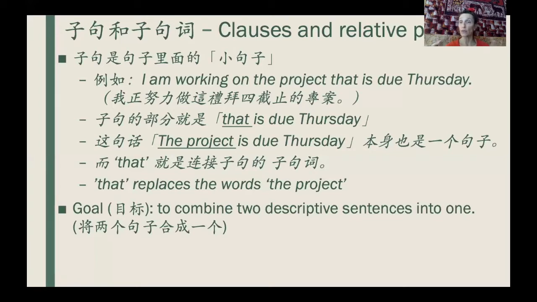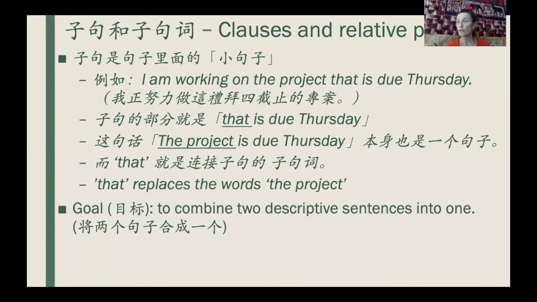So that's the word that puts the two ideas together. That in the second part replaces the word project. The project is due Thursday. I am working on the project that is due Thursday. So two ideas. The project is due Thursday. I'm working on the project. Those are the two ideas. Does that make sense?